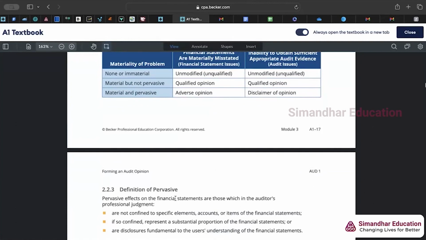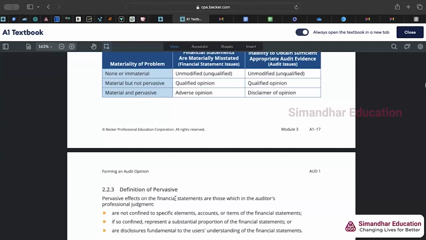If you're disclaiming the financial statements, that means you're saying there's a scope limitation, you could not audit, and you don't know the impact on different captions. Then you cannot give qualified opinions. You cannot give adverse opinions. You give one opinion, but it is categorized into two issues.